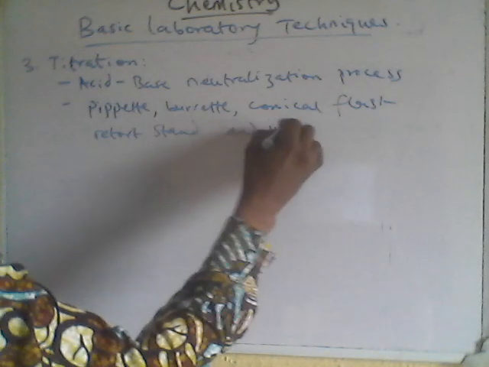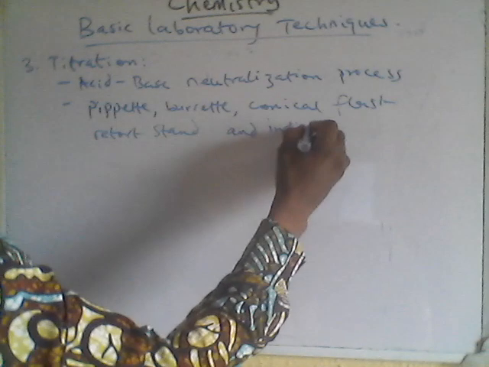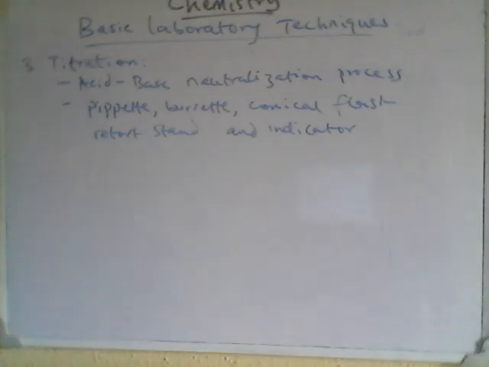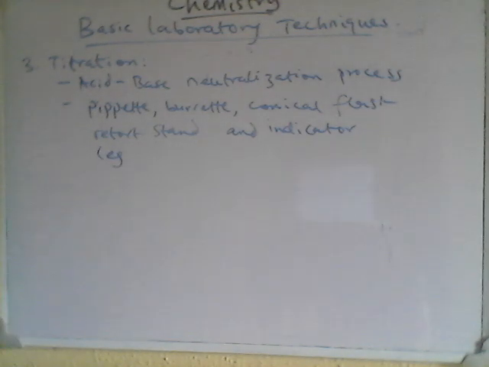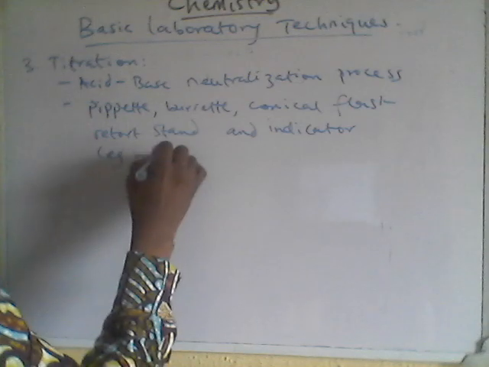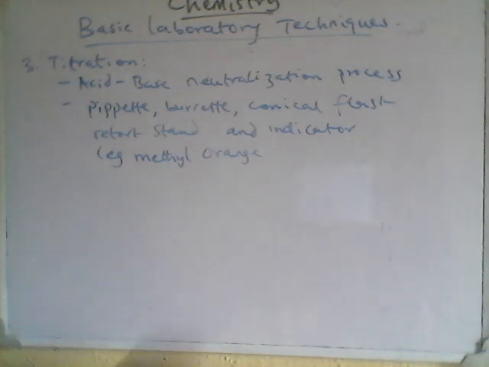In case you are told to mention the apparatus for titration, you should be able to write these things out. The indicator can include, for example, methyl orange or phenolphthalein.